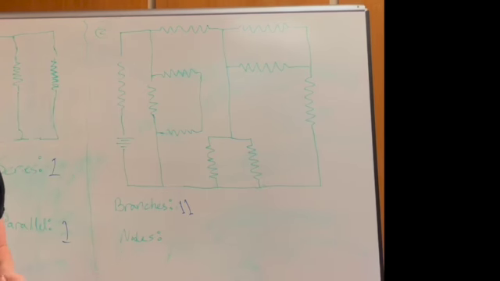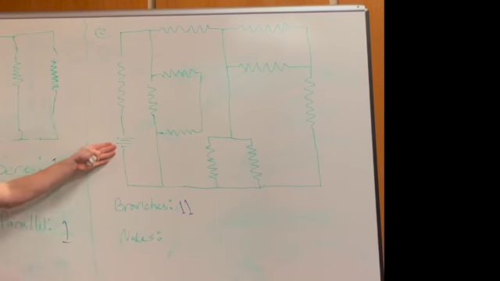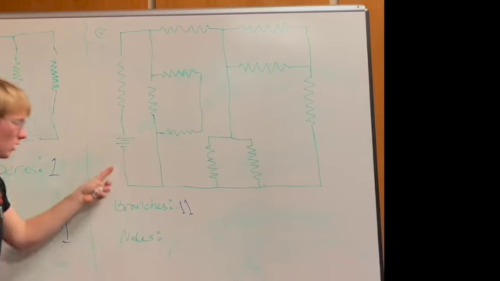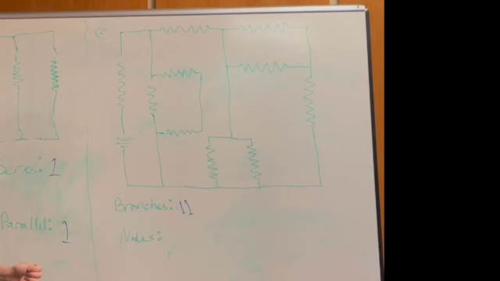Now we're going to do nodes. So all these lines are wires, really. They're some type of product that is conductive and current can flow through it. And so the wires in between these branches represent the nodes. The number of nodes correlates to, it stops at every branch.